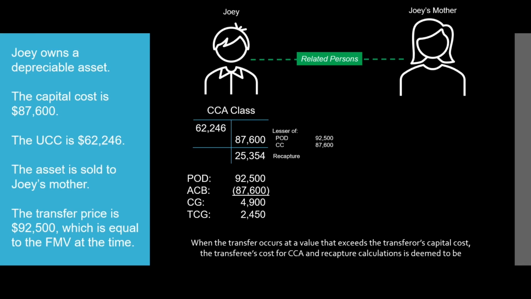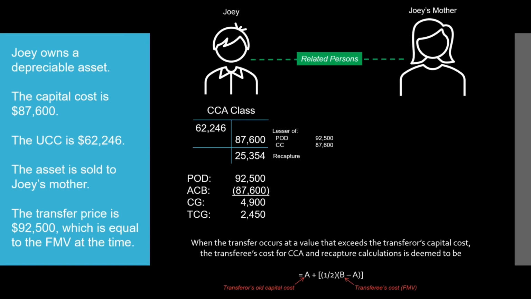And we have a formula. The formula is the amount which is equal to A plus 1/2 of (B minus A), where A is equal to the transferor's old capital cost, and B is the transferee's cost, or their fair market value that they had to pay in our introductory tax examples.